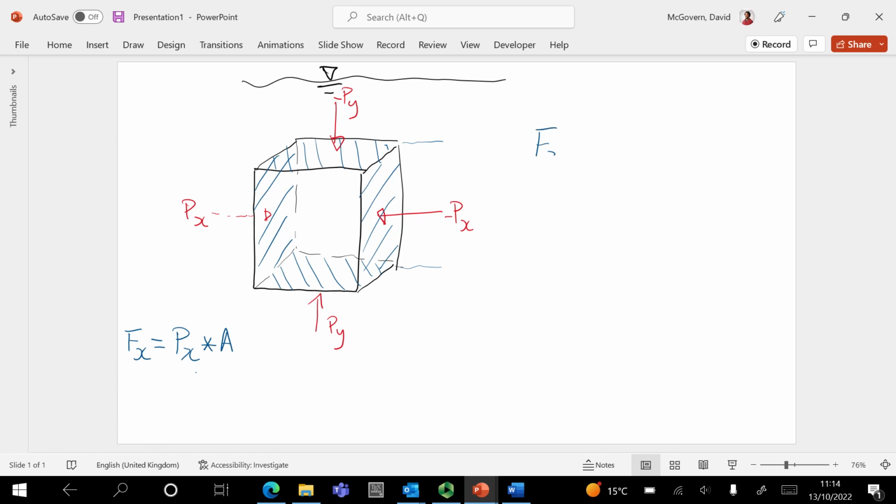So Fx equals negative Fx, and then the same in the y, Fy equals negative Fy. And we've proved that the pressure acts equally in all directions at any given point in the fluid, Pascal's law.